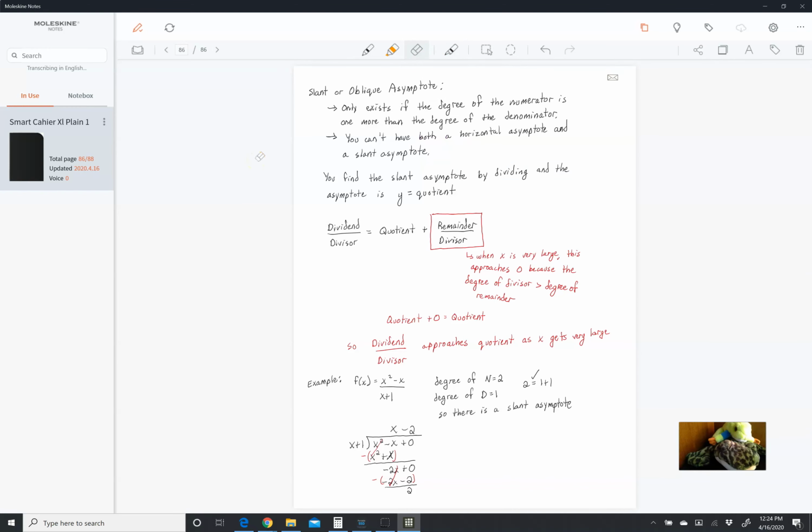So our slant asymptote is y equals x minus 2. Okay, and just so that you have it, our vertical asymptote, remember, is where the denominator is equal to 0. So our vertical asymptote is x equals negative 1.